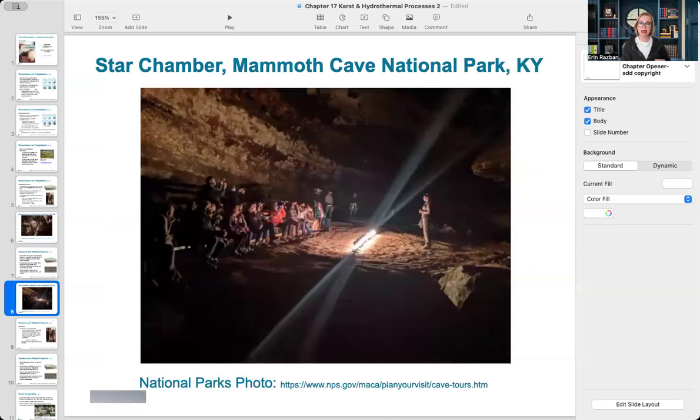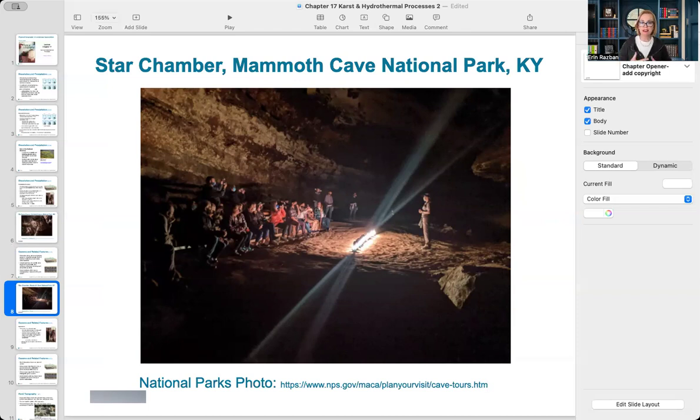So let's look at the Mammoth Cave in Kentucky. This is the world's largest known cave system with over 400 miles of surveyed passages. This incredible network began forming around 10 million years ago when groundwater began dissolving the limestone layers.